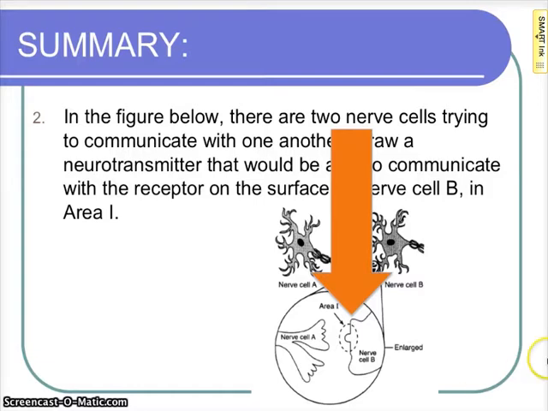Remember, the neurotransmitter would be sent from nerve cell A to B across the synapse here, but it would need to match this shape. So, something like this drawing of a neurotransmitter in blue would be correct. Again, as long as it has this shape that would link up to the part of nerve cell B as the receptor, then it's fine. The outside shape doesn't matter.